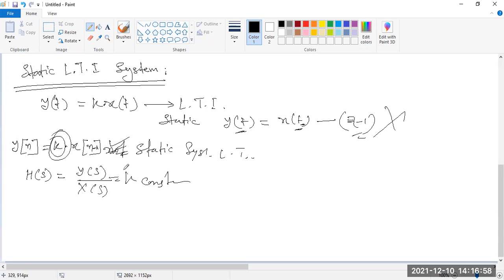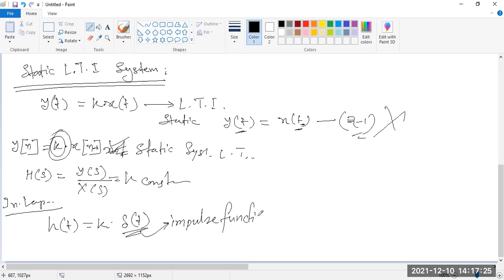If you go for the inverse Laplace, then we can find h(t). h(t) equals k times, and if there is any constant and we go for the inverse Laplace, then we get an impulse function. So impulse function it is given. So this is a static LTI.